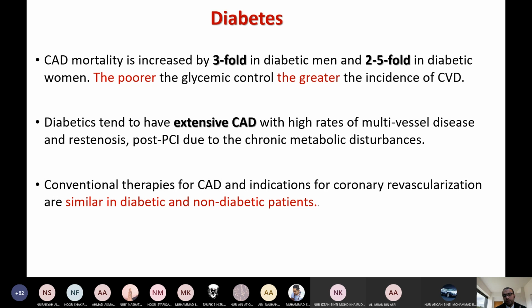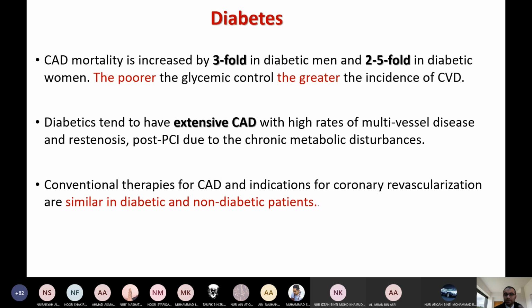Usually, multivessel disease will be implicated, and stenosis will be there. Maybe the recurrence risk is very high, even after the procedure. For conventional therapy and indication for coronary revascularization, it is similar, meaning diabetic patients, according to the clinical guidelines, should be managed for the cardiac status as a normal or non-diabetic patient.